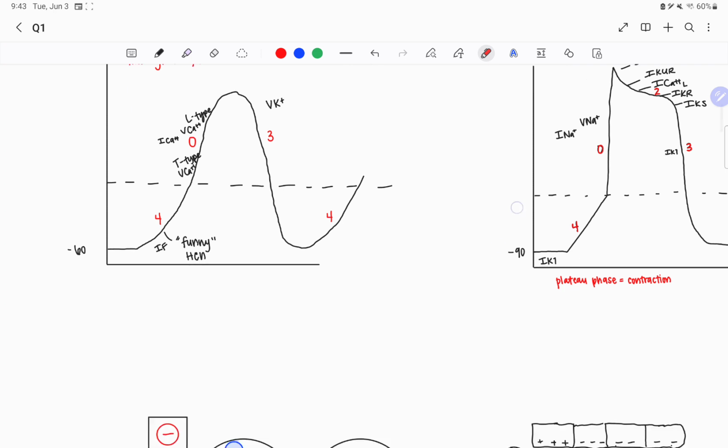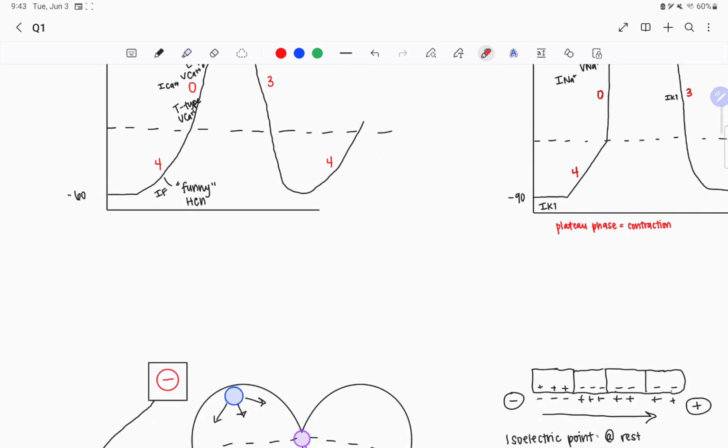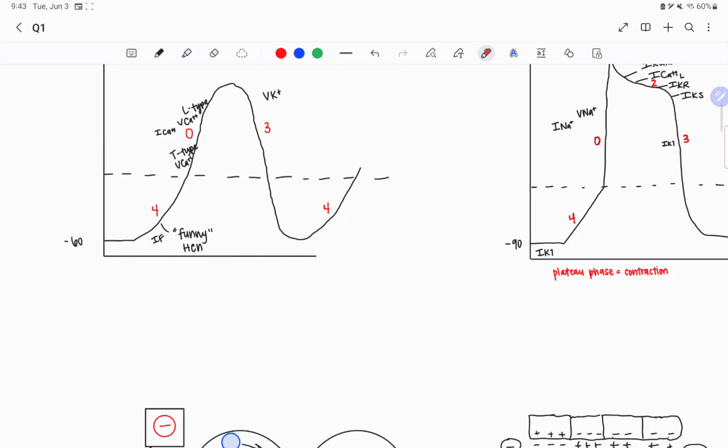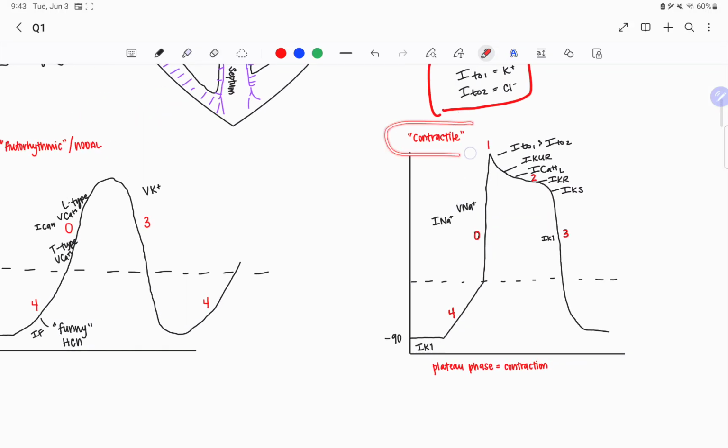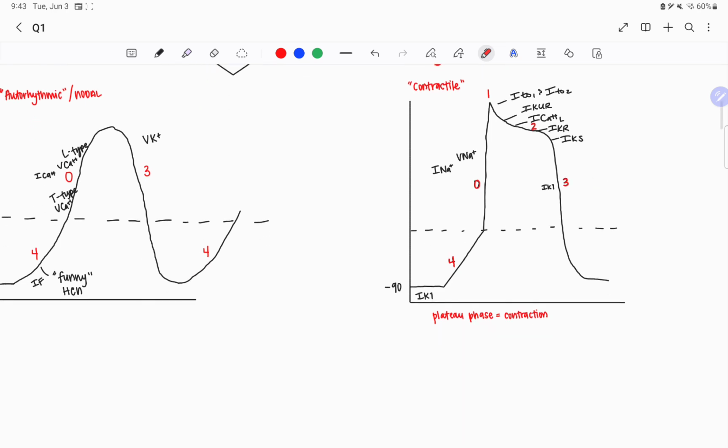Okay, so then these nodal cells, what's interesting, right, we're starting with the SA node. These nodal cells are then connected to contractile cells. So as they send a signal for the action potential, this signal then goes into the contractile cells. Okay. Now these also look different than previous action potentials that we've seen.